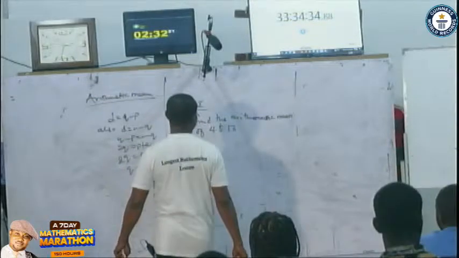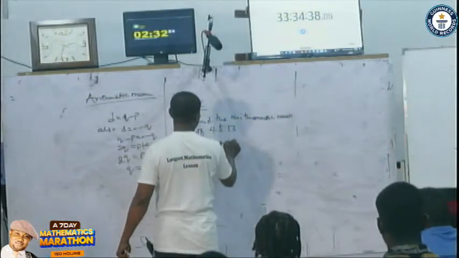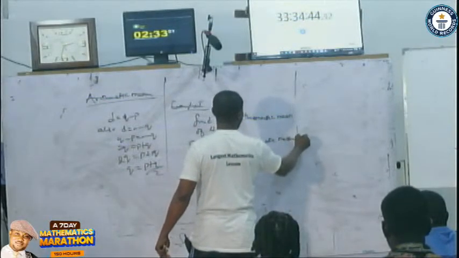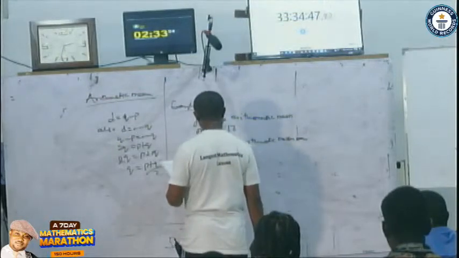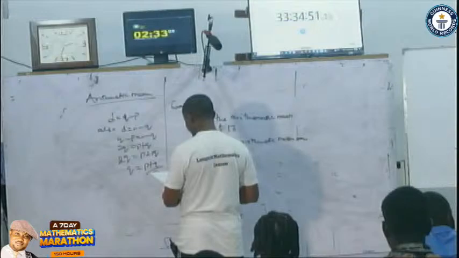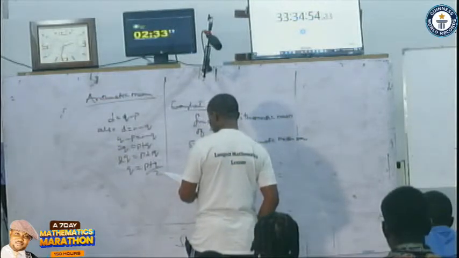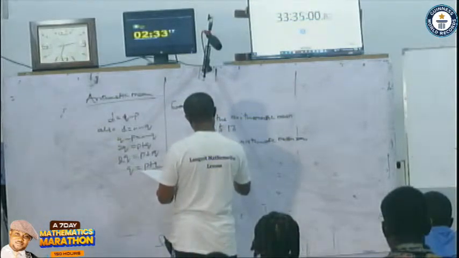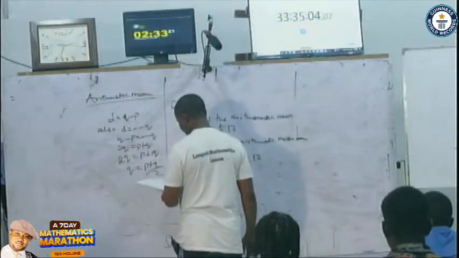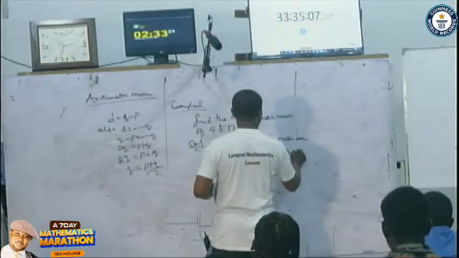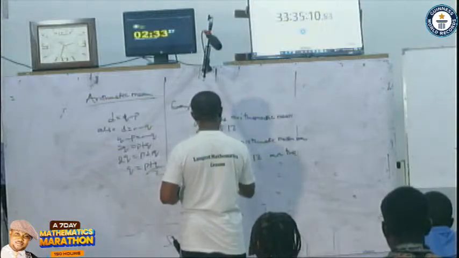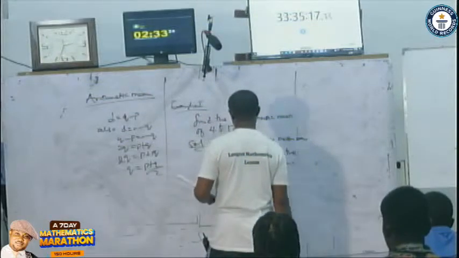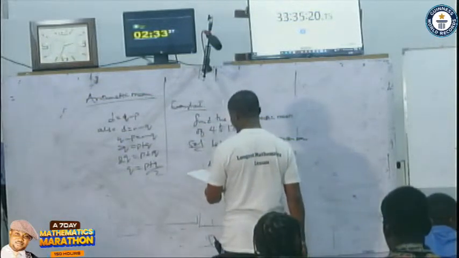Solution: let the arithmetic mean be x. Therefore 4, x, and 18 are in arithmetic progression.